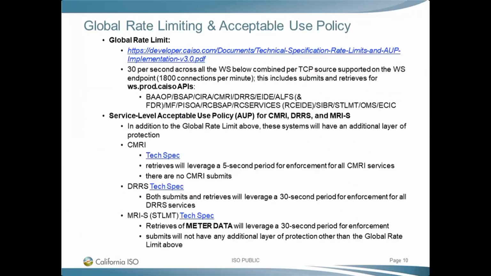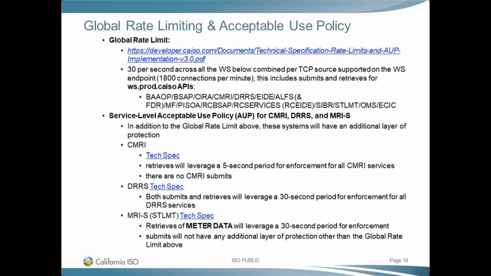Okay, so let's talk a little bit about the global rate limiting and acceptable use policy. If we back up a moment, we said that there are some other changes and prerequisites that are going along with this URL cutover.